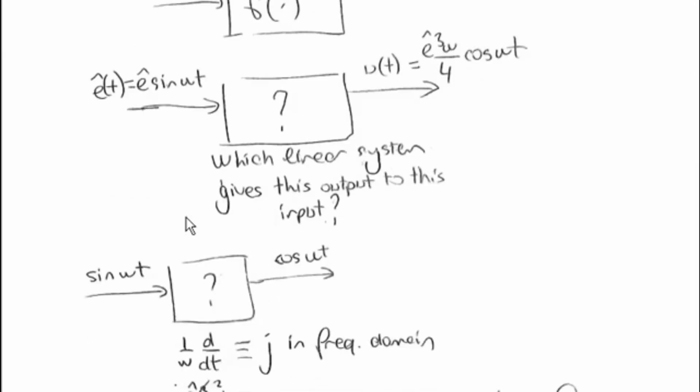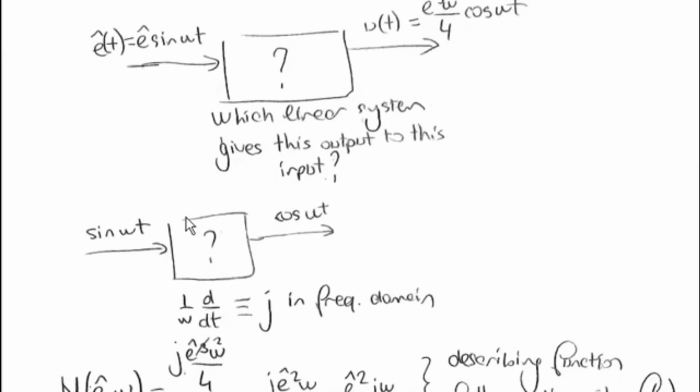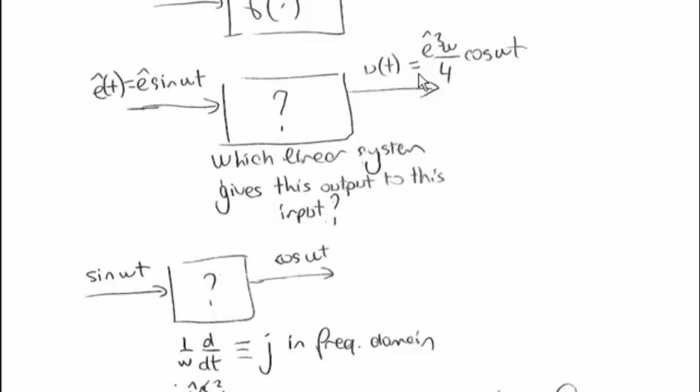So in order to be able to discover that system, we can first consider which system converts sine to cosine here, because here the sine is converted into cosine, and I have an amplitude modification as well here from E hat to E hat cube omega over 4. But let us first look at what changes sine into a cosine. Which linear system does this?